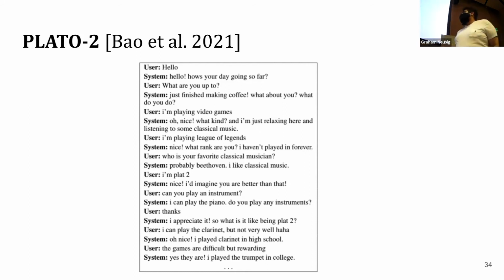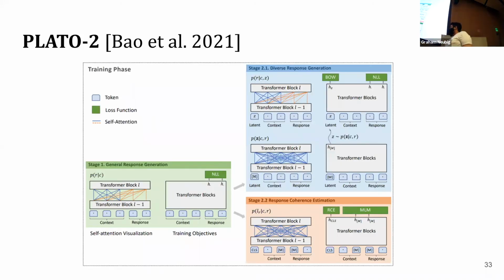I think they won the challenge, or they came second, but the dialogues were really good. They built a lot of things on top of the model that I showed on the last slide. For example, they trained the model in this way, but then they took this response coherence estimation component and used it as an evaluation model to rank the set of responses generated by their diverse response generation component.